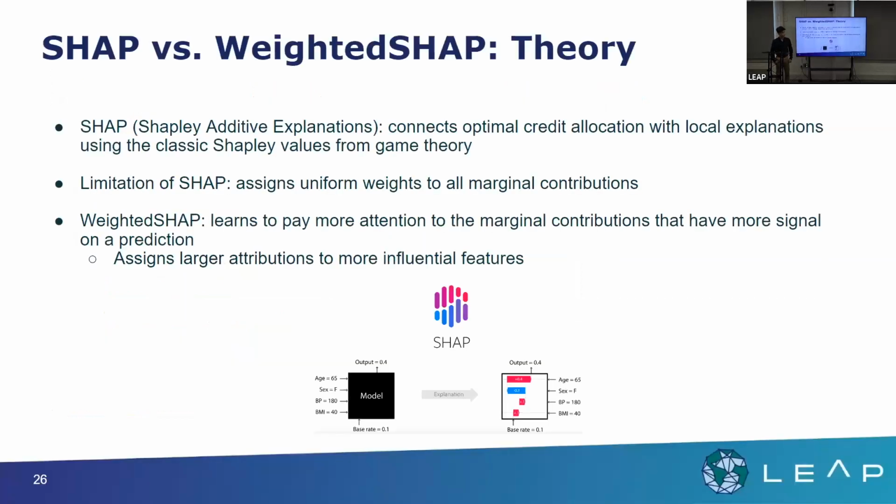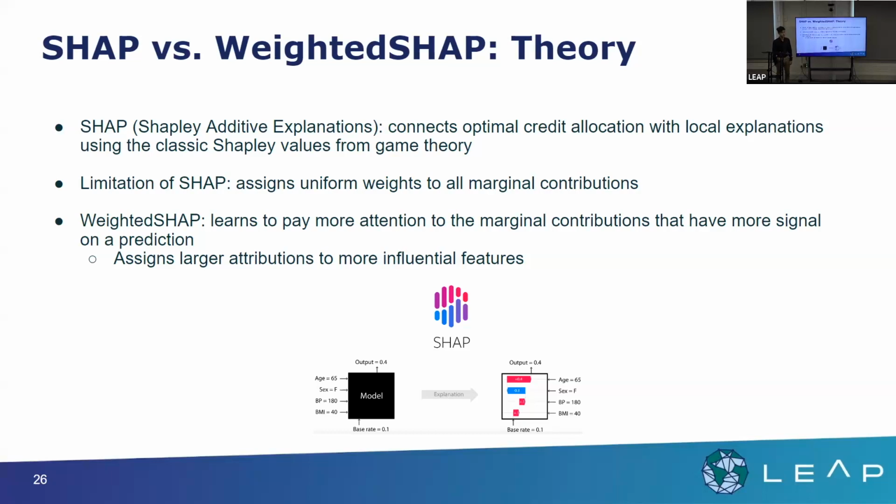So SHAP versus weighted SHAP. The original SHAP methodology connects optimal credit allocation with local explanations using the classic Shapley values from game theory, which I just explained, with the weighting and contribution. The limitation of SHAP, however, is that it assigns uniform weights to all marginal contributions, which means that whether you have a lot of features or not many features, it's not going to differentiate.